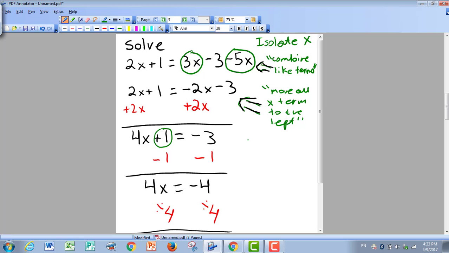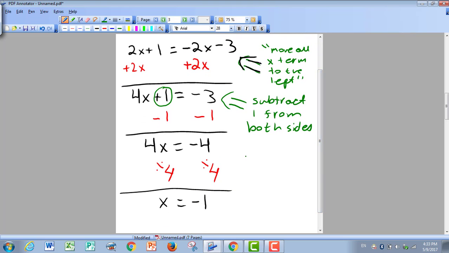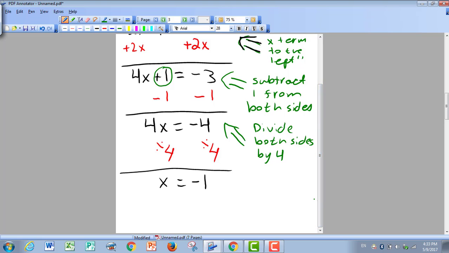The next thing I did is I subtracted 1 from both sides, because I'm trying to isolate my x, which means get it all by itself. And then the next thing I did is I divided both sides by 4. And by doing that, I was able to isolate my x to get it by itself. And so right now I'm saying the answer is x equals negative 1.